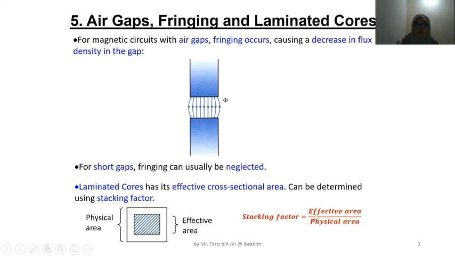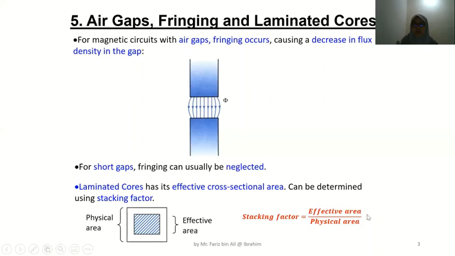The stacking factor is the ratio of the effective area divided by the physical area. The physical area is the laminated core area, and the effective core is the core area that is effective inside the laminated cores.